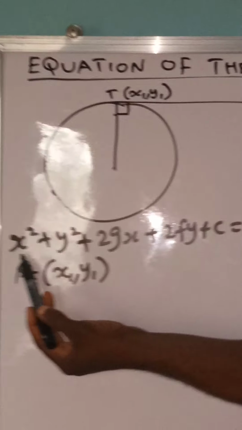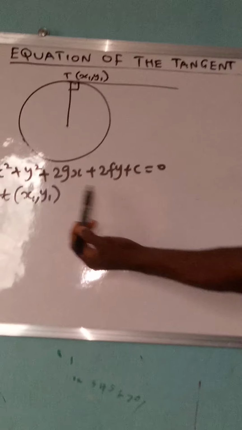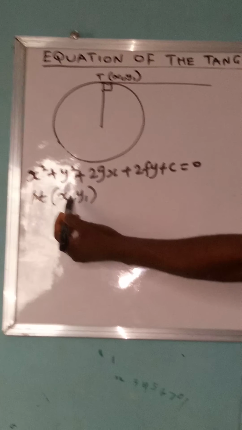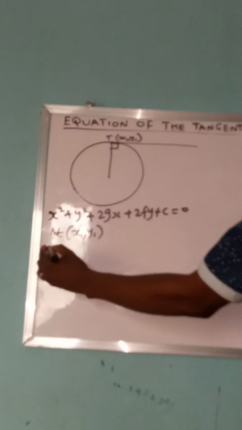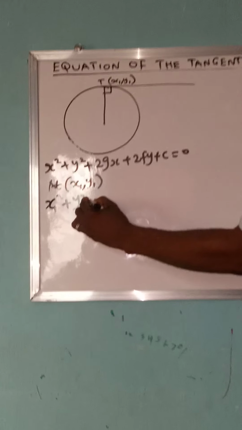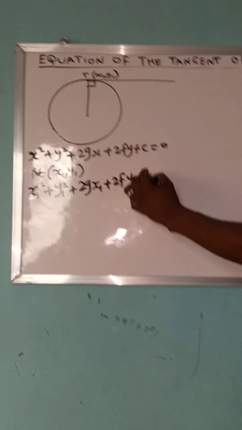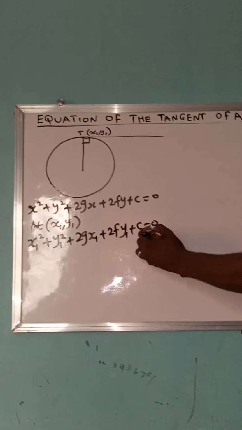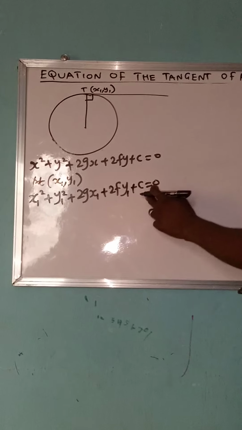So it is the equation of a circle, x² + y² + 2gx + 2fy + c = 0. At this point, we replace x and y with x1 and y1. So we have x1² + y1² + 2gx1 + 2fy1 + c = 0. The first thing I want to do is make c, which is your constant, the subject of the formula.